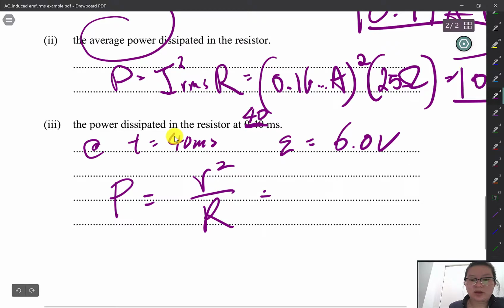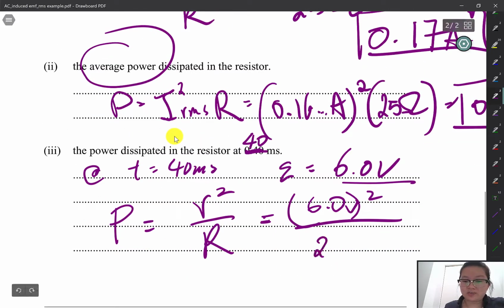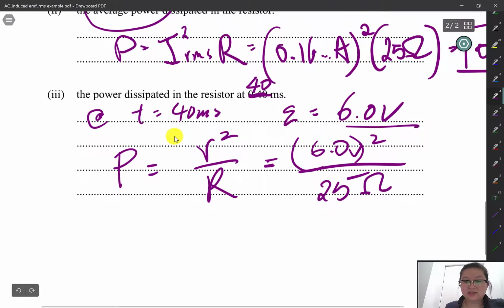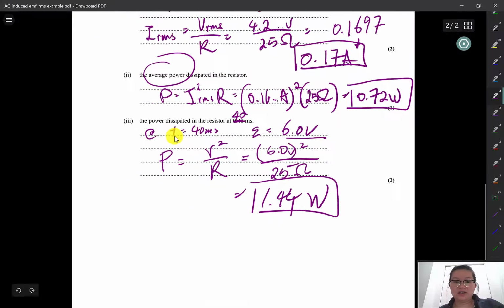Since it wants the power dissipated at that time, I'm going to use the EMF at that time, 6 volts, squared, divided by the resistance, 25 ohms. That's going to pop out 1.44 watts.